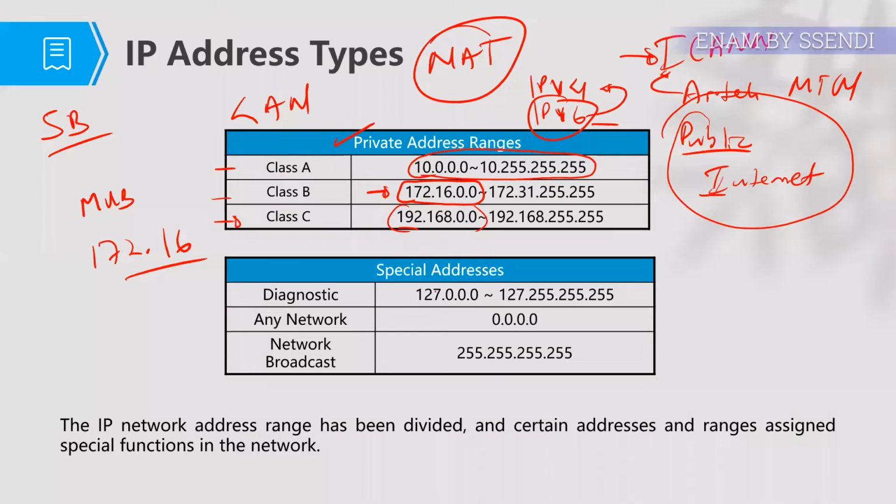So we also have what we call special addresses, one of them being diagnostic addresses, and its range goes from 127.0.0.0 to 127.255.255.255.